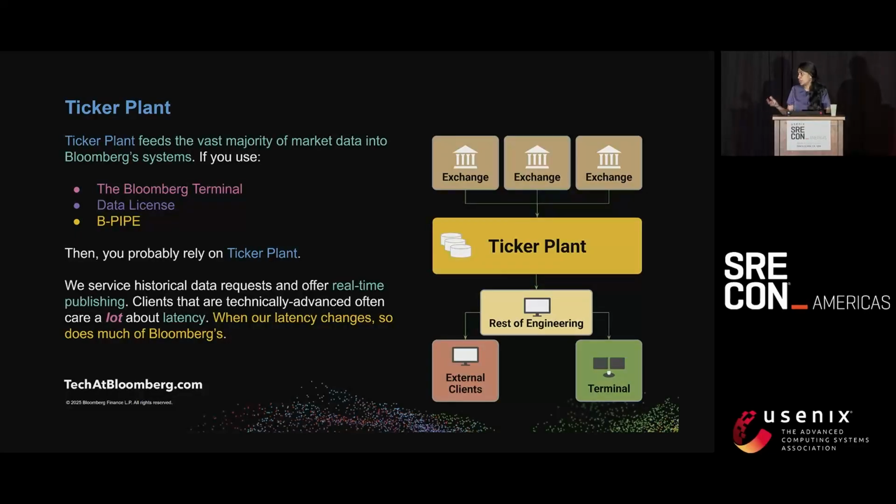So if you're a Bloomberg customer that's looking at market data on the terminal through our enterprise API services or bulk data products, you are likely a customer of the Tickleplant. Being this sort of common ancestor for market data at Bloomberg really means that Tickleplant's performance is going to reflect in Bloomberg's overall market data products performance.